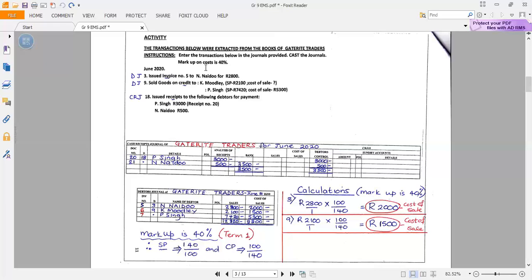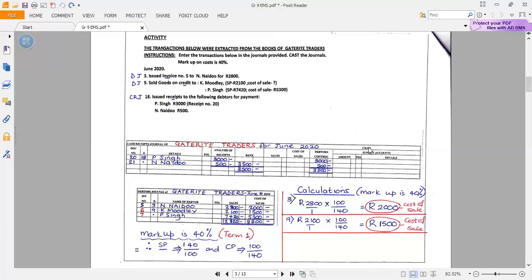So let us begin. For this particular activity, we are dealing with the cash receipts journal and the debtors journal. So immediately I'm going to complete the names of the CRJ and the DJ. So it's cash receipts journal of Gateway Traders for June 2020.